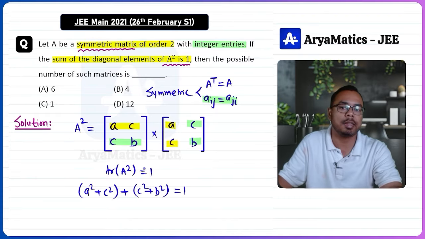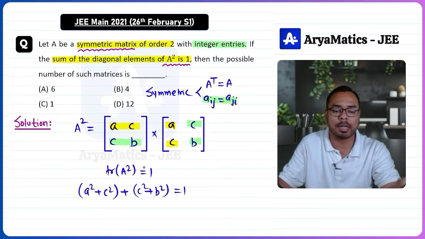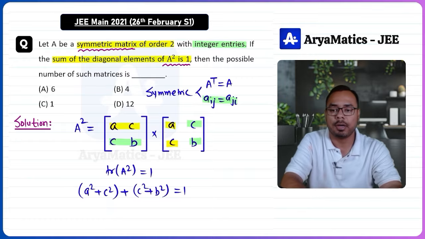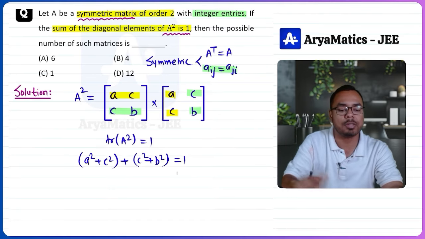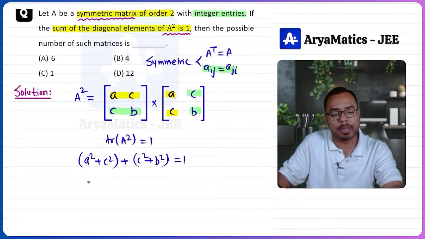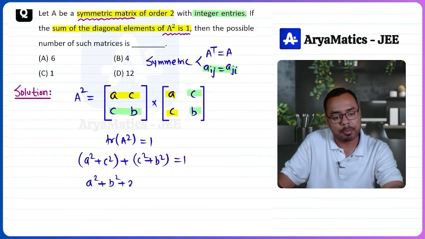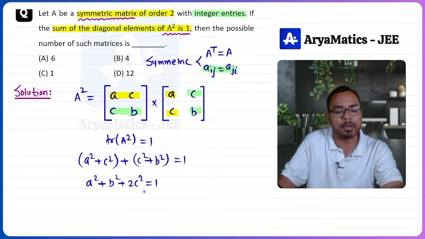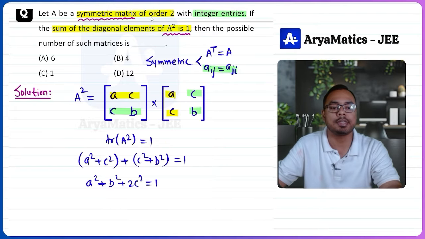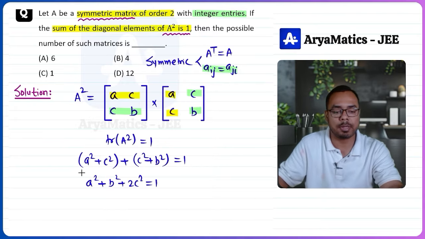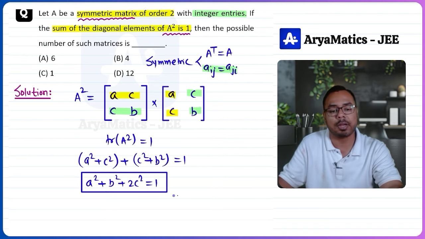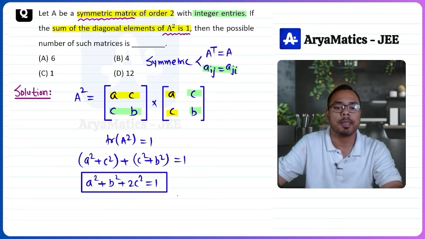We are not calculating the element of first row, second column or second row, first column, because trace means the sum of diagonal elements only. Now from here we are getting A square plus B square plus 2C square, and this must be 1. Now A, B, C are integers, so we have to see what the different possible values of A, B, C are.